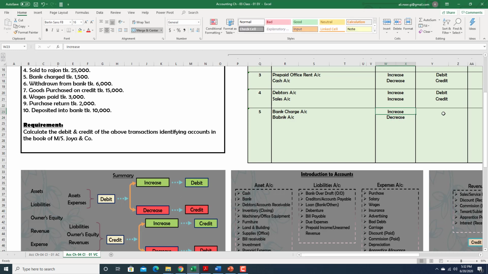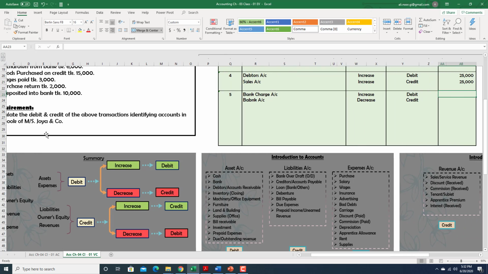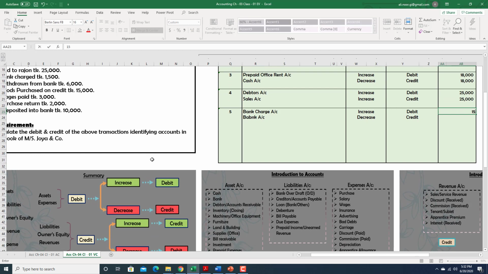So bank charge account increased and bank account decreased. When any expense account increases, we write it as debit. So here we will write debit, and for decrease in an asset account, we will write credit. So I am writing it here, credit. Right. Okay, the amount is 1500. Okay, 1500.